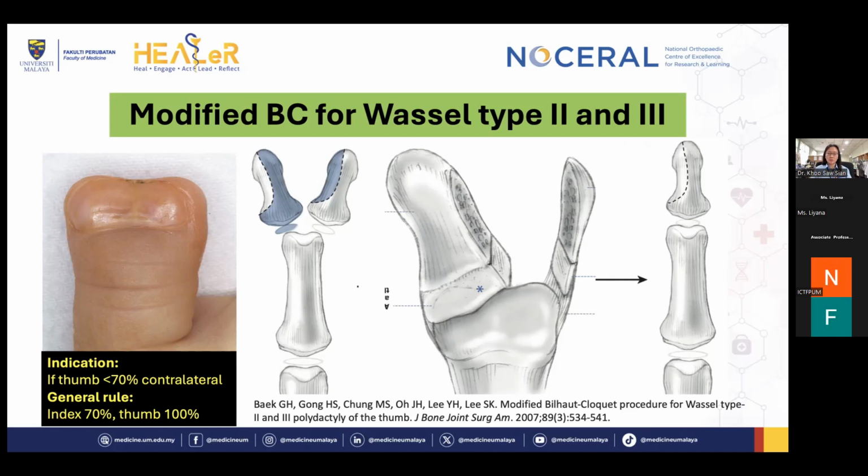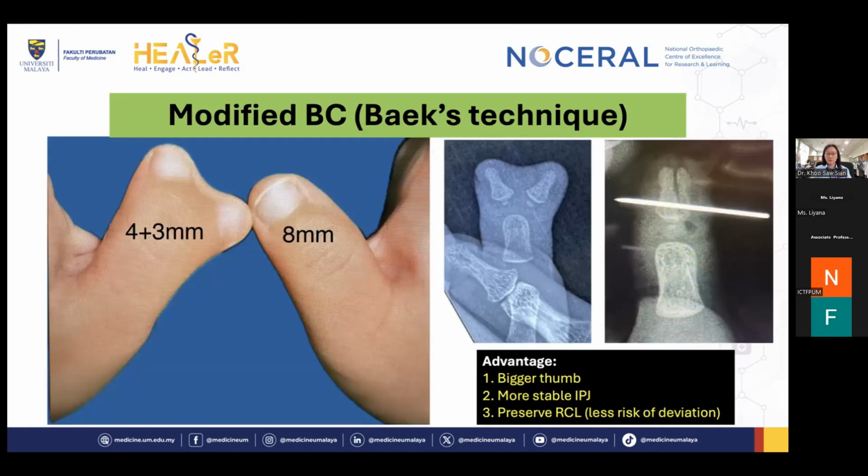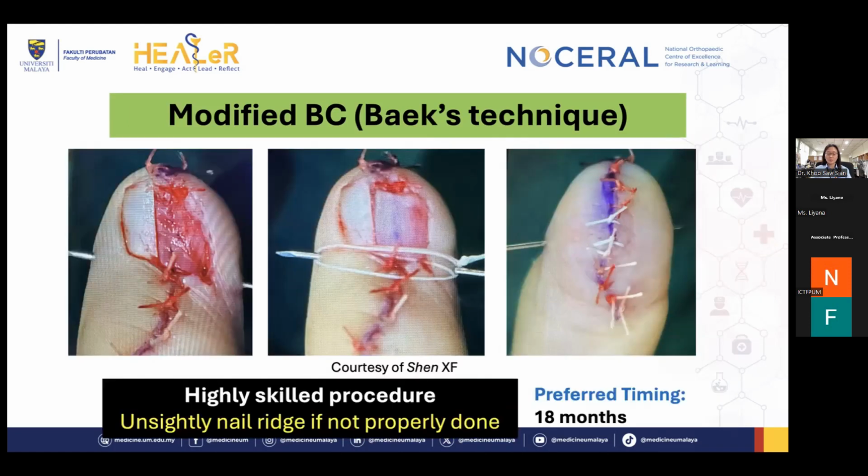So this method by Baek from Korea is a much better alternative. The advantage is you can have a bigger thumb, a more stable interphalangeal joint, and you preserve the radial collateral ligament, which causes less risk of deviation. This is a highly skilled procedure. If it's not done properly, you will have an unsightly nail ridge.